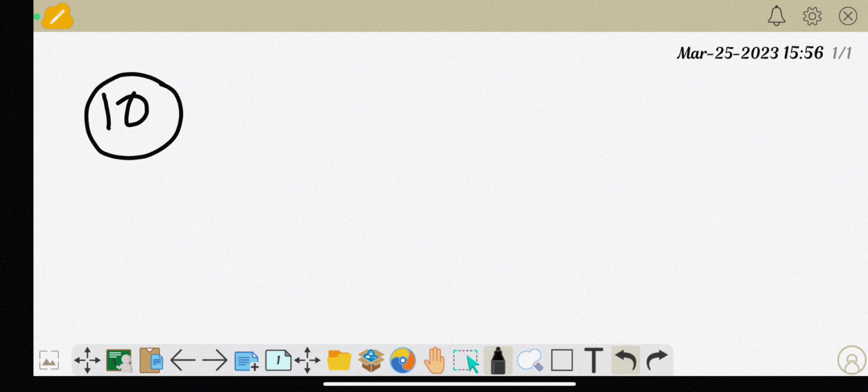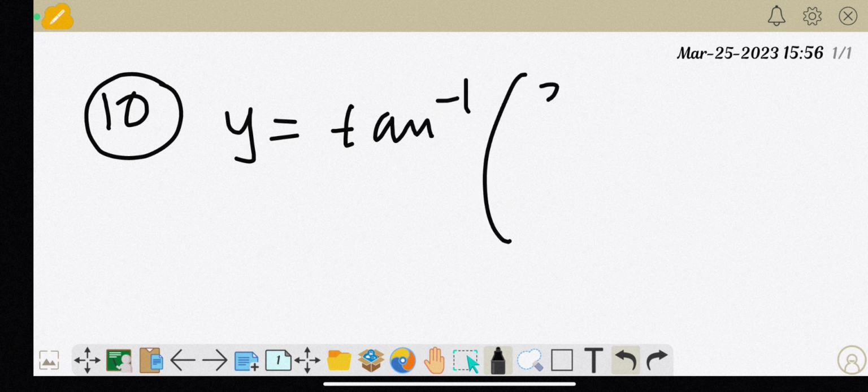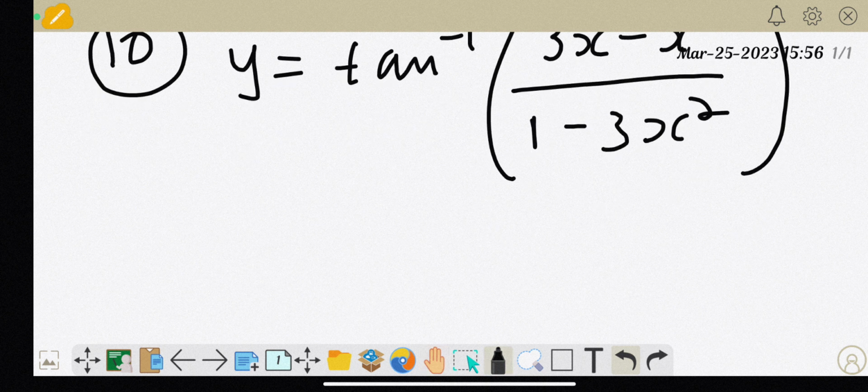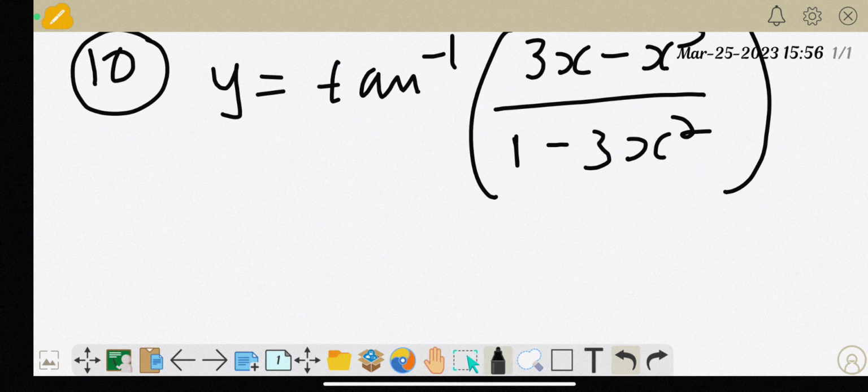Question number 10, y is equal to, okay. So here, what is the suitable substitution for x?